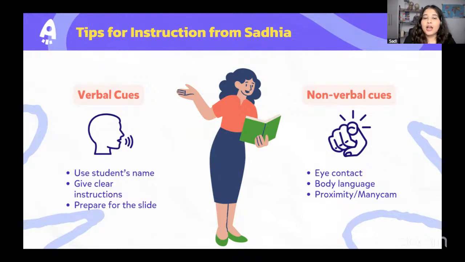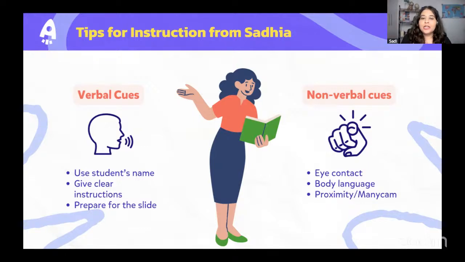For nonverbal cues, you can use your eye contact. You can try to maintain eye contact with the student. You can use your body language, which at Novakid we call TPR. You can use TPR to engage with the student, your props, your tools, your physical props. I like stickers, whatever you feel might be engaging.